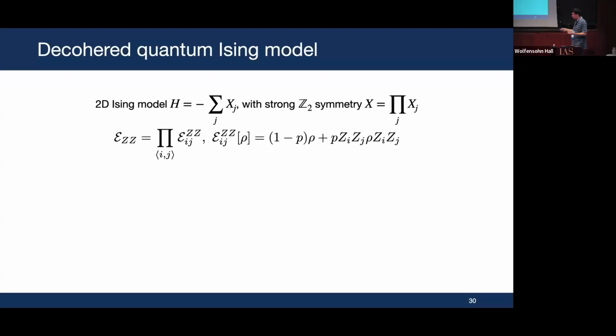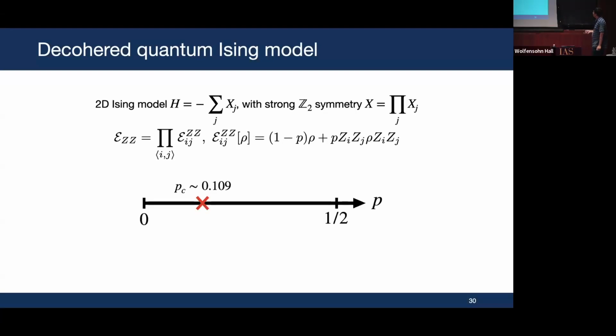So now we have a quantum channel acting on the state. Starting from this pure product state, we apply this quantum channel and we get some mixed state as a function of p.